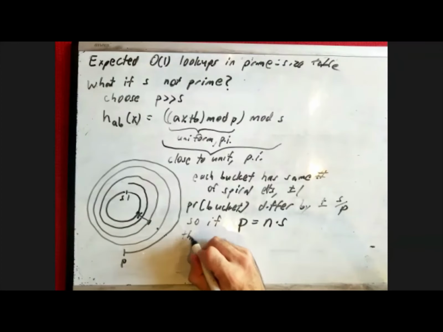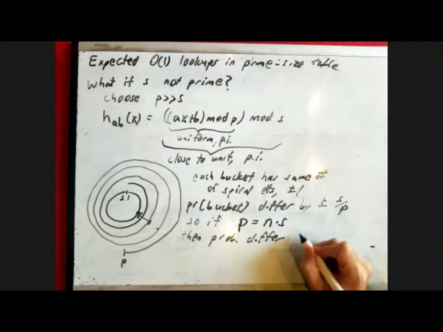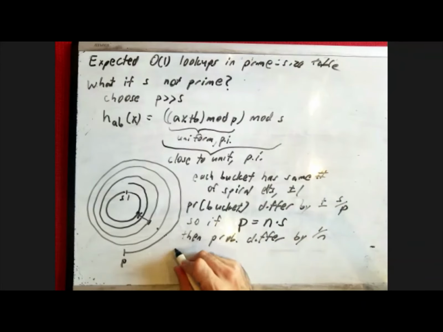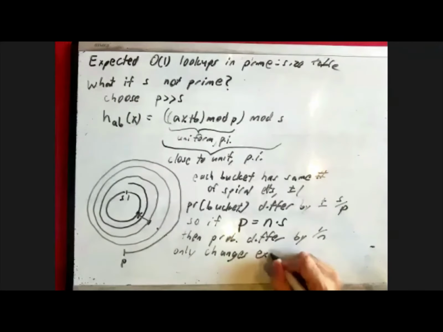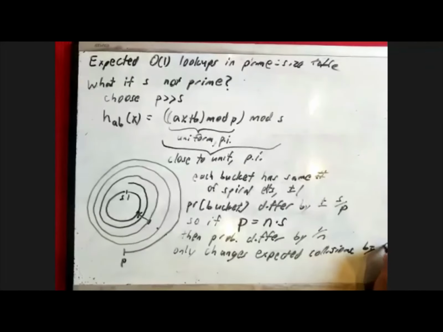Then the bucket probabilities differ by only 1 over N, and you can go back and show in the analysis that this only changes our expected collisions by order 1. Okay.